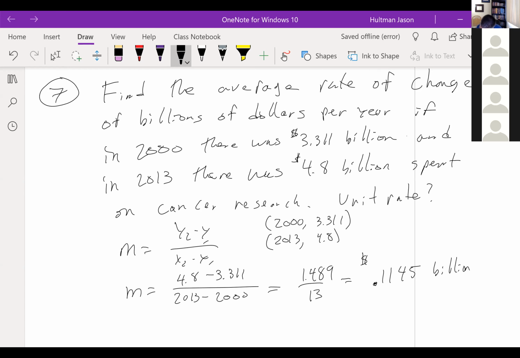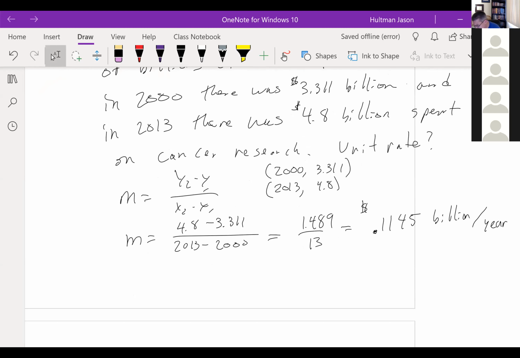The thing is, though, that we don't really think about this as 0.1145 billion.